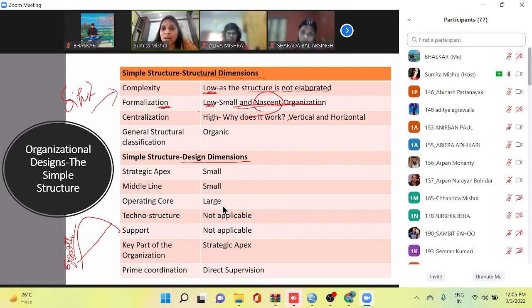But the interesting part is centralization is high. Why? Centralization is high because this is an organization completely dictated by the founder. See, let us say I'm looking at my screen and I have Aliva, Sunnit, Sharda, and Avik. Now let us say these 4 guys tomorrow decide to start a company, a startup.